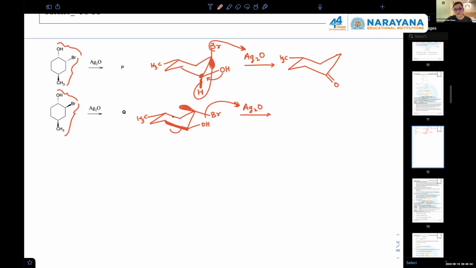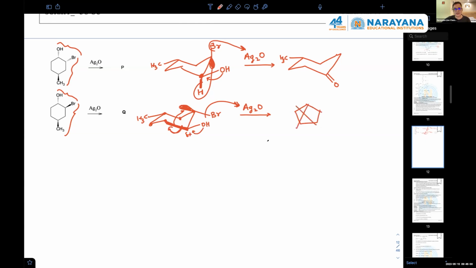When this one migrates, the ring will actually get contracted. Now 1, 2, 3, 4, 5, the ring becomes 5-member, and here when you are getting cation, this will get backup. So now in this case, you will get this 5-member ring.